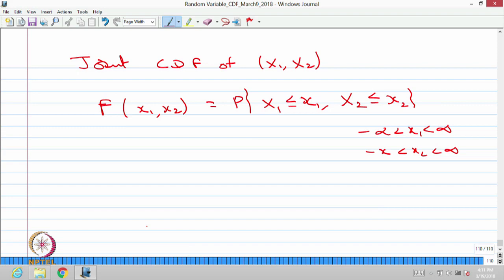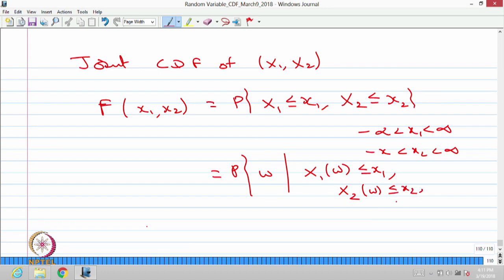That is nothing but P of the collection of w such that under the operation X1, the w has to be less than or equal to x1. That means this value can lie between minus infinity to small x1. Also the same w under the operation X2 gives a value less than or equal to small x2, and the w's belong to omega.